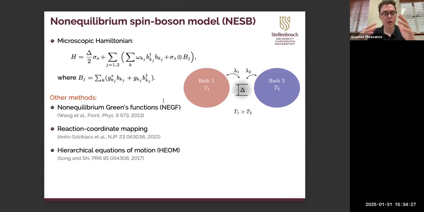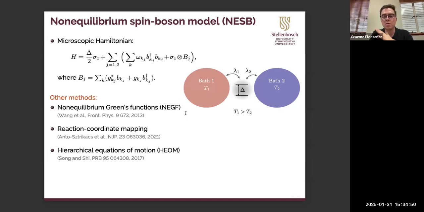This is a well-known weak coupling framework that's traditionally been applied to study non-equilibrium heat transport in the non-equilibrium spin-boson model. There have also been extensions of this type of framework to deal with situations where the interaction is strong, so where this master equation approach is no longer appropriate.